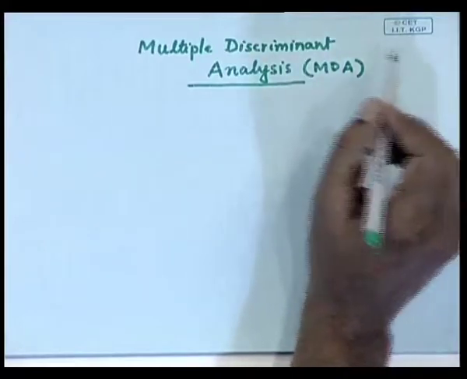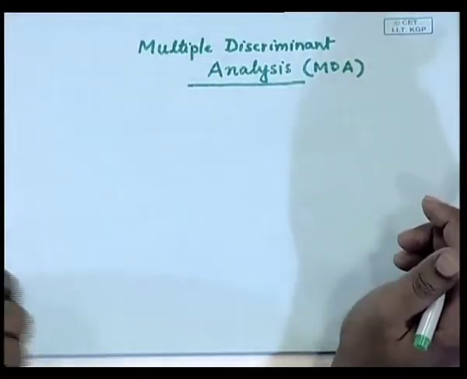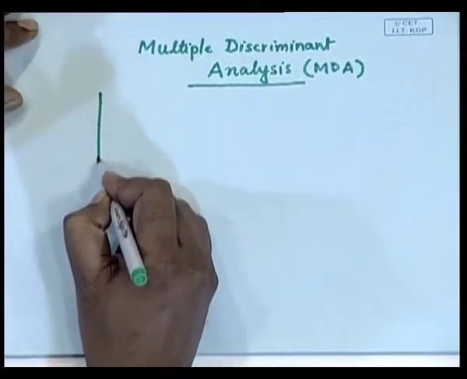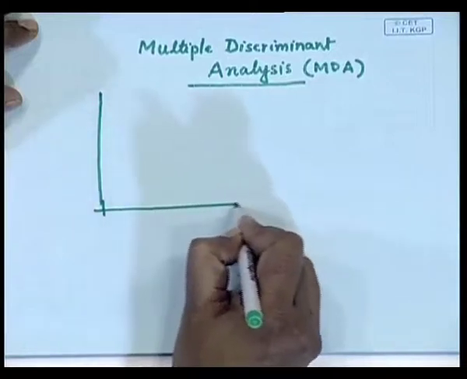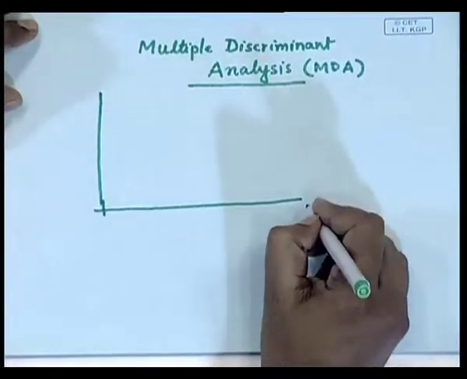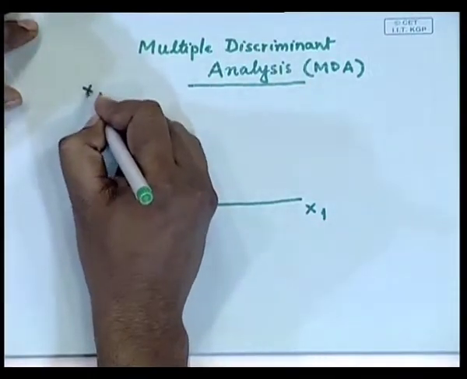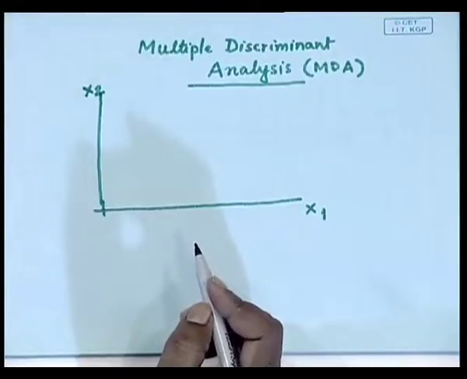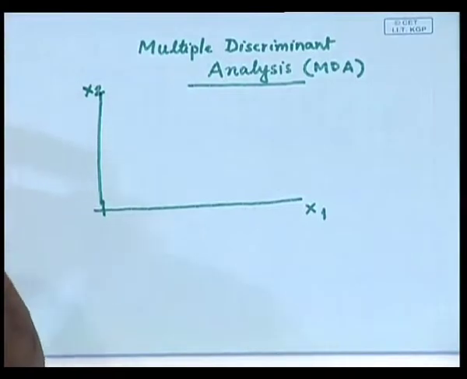Now, why does principal component analysis not guarantee that sort of separation? Let us take a sample situation. Suppose I have a two dimensional feature vector, one feature component x 1, the other feature component x 2. Let us assume the data distribution is something like this.